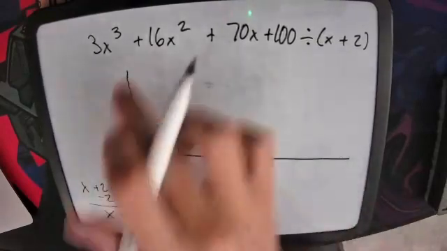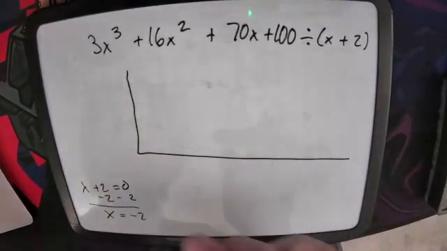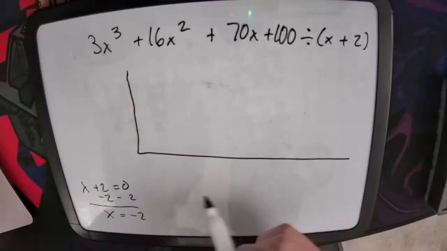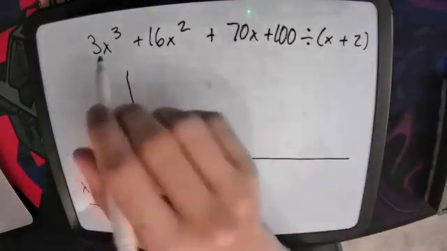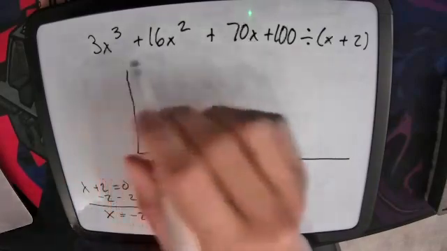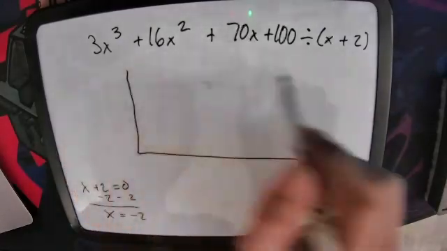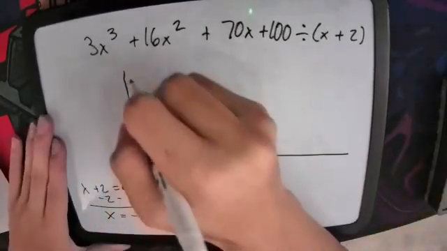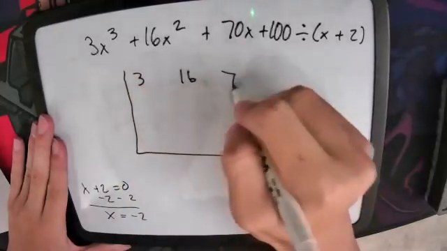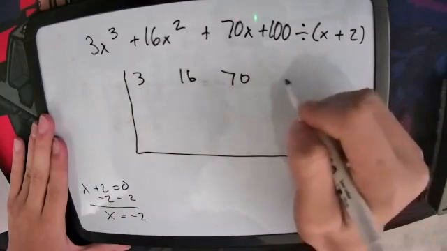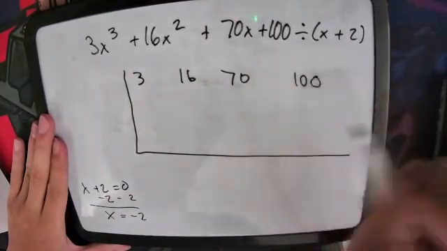So we have this like two sides of a rectangle type deal. And inside of here, we're going to have to write down the coefficients for the polynomial expression. So we have 3, 16, 70, and 100.